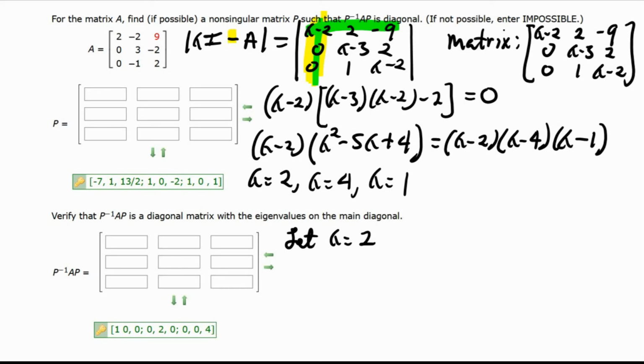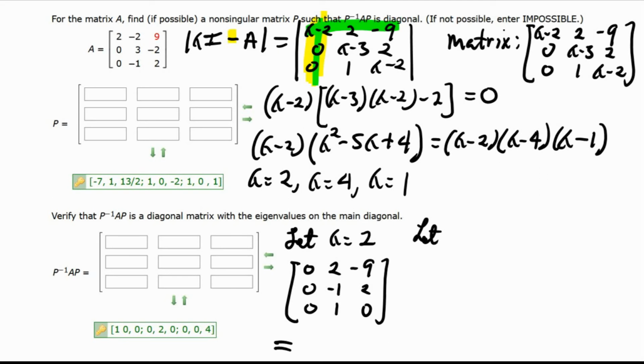So we get 0, 2, -9; 0, -1, 2; 0, 1, 0. Now we're going to put this in our calculator and reduce. So we're going to do reduced row echelon form.